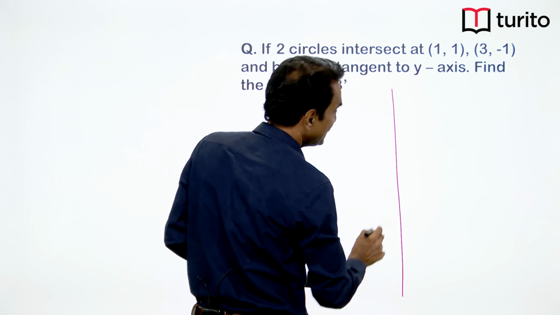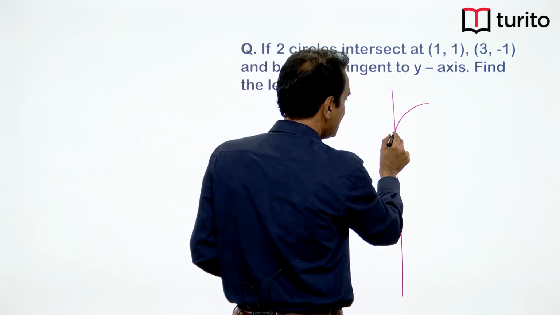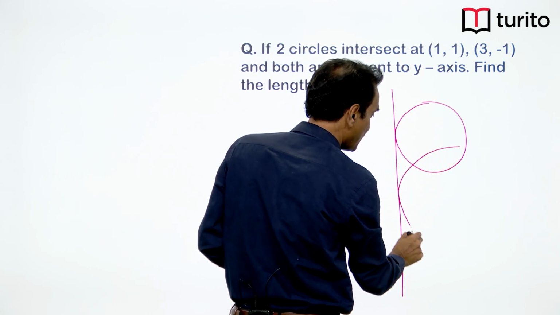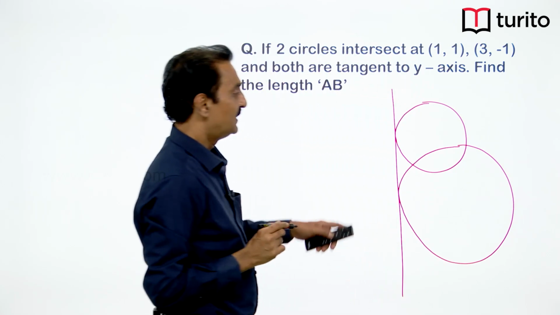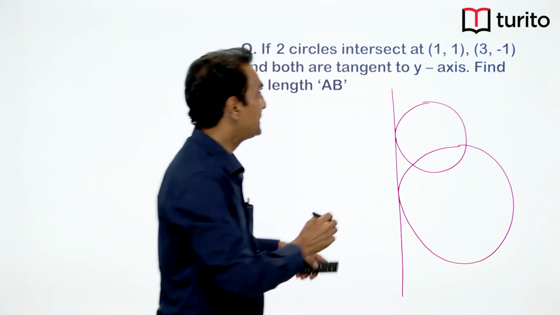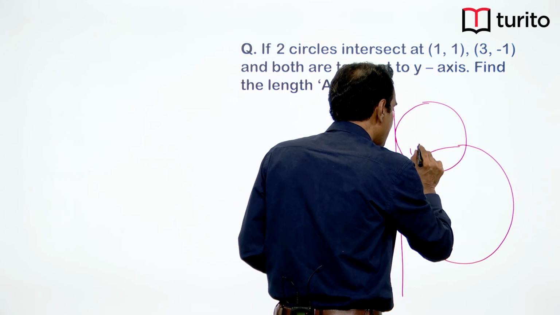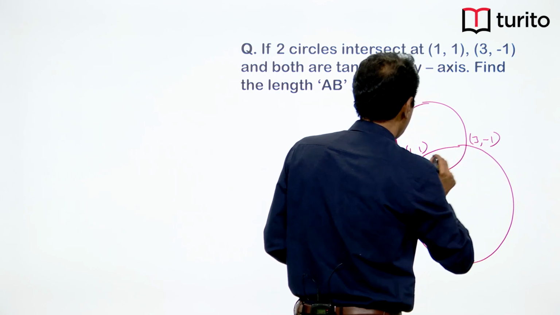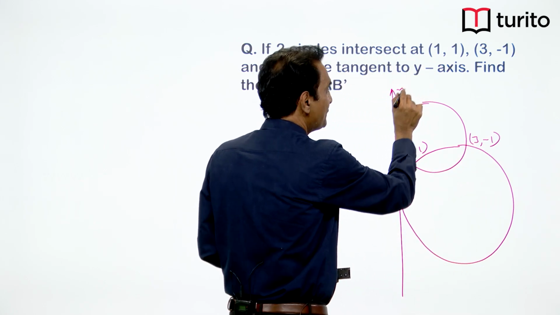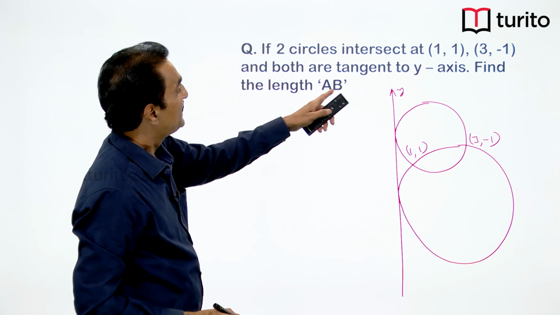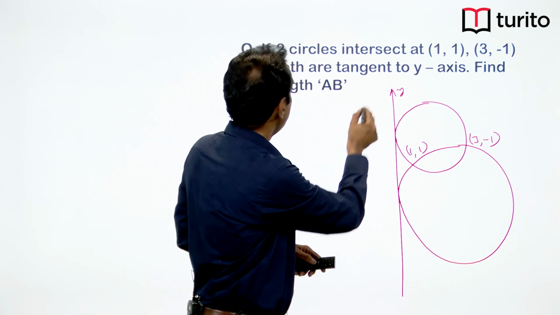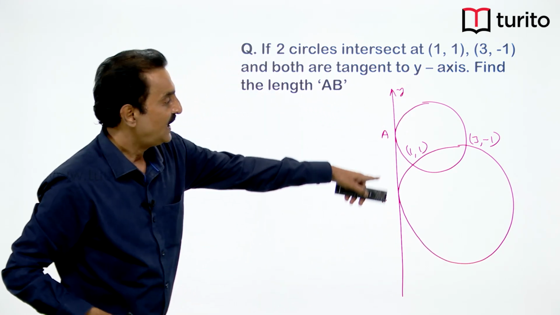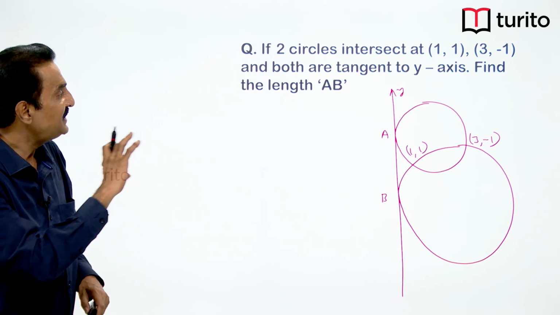Take y axis like this, draw two circles, two circles are there intersecting at 1 comma 1 and 3 comma minus 1. Both are touching the y axis. They touch the y axis, it is shown in the diagram. A and B are points of contact. Then find the length of AB.